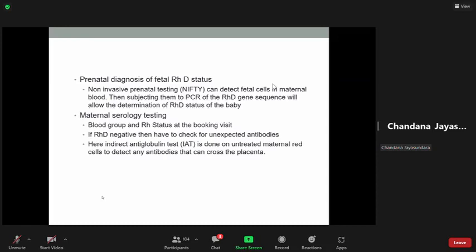For that, we do this test called NIPT. NIPT is non-invasive prenatal testing. When we do NIPT, we get some blood from the mother and we isolate the baby's cells from it. Baby cells normally will be detected in the mother's blood. And from that, we do a PCR and we check the baby's RHD status.